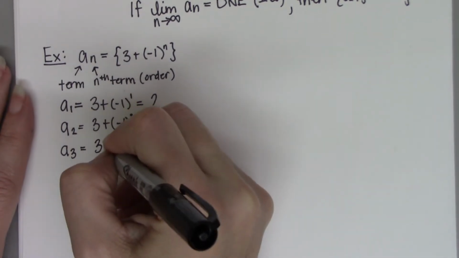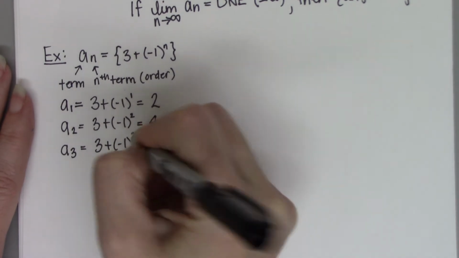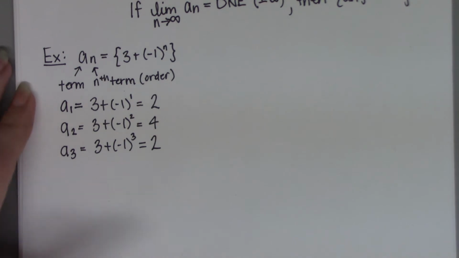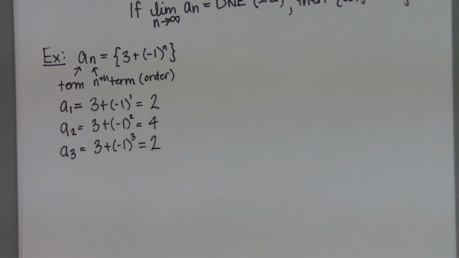When I get the third term, well, negative 1 cubed is negative 1 again, and I can see that I'm getting a 2. Well, I've already generated enough terms of this sequence. I can see the pattern that's emerging. All the odd terms, negative 1 is going to stay negative, and we're going to get 2. All the even terms, negative 1 is going to become positive, and we're going to get 4.